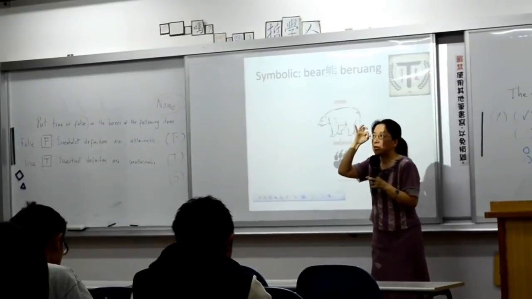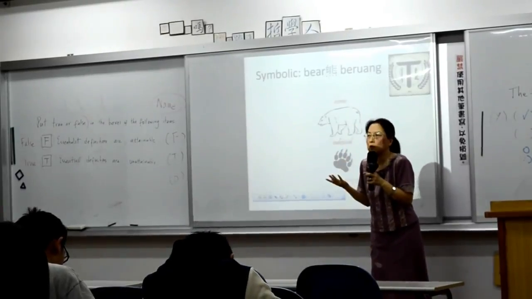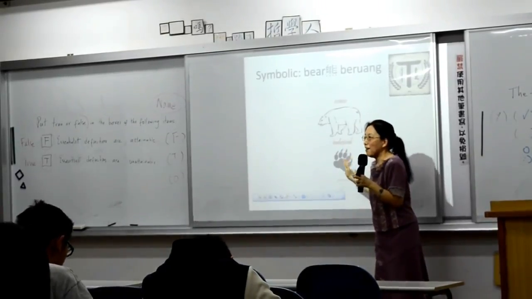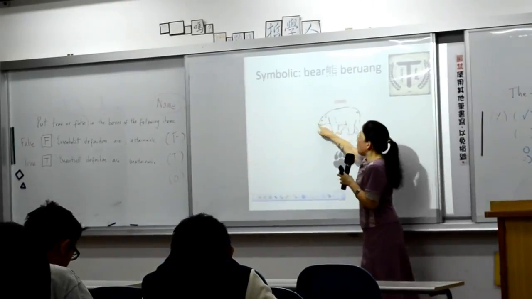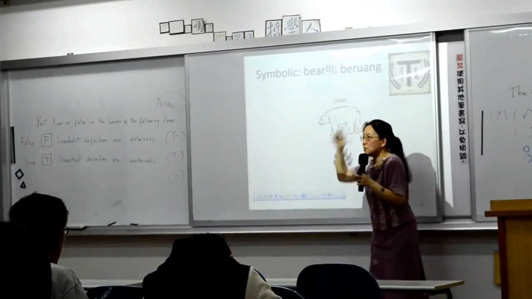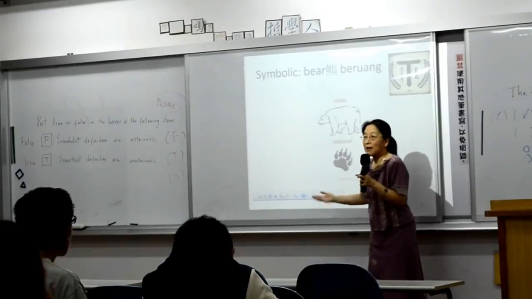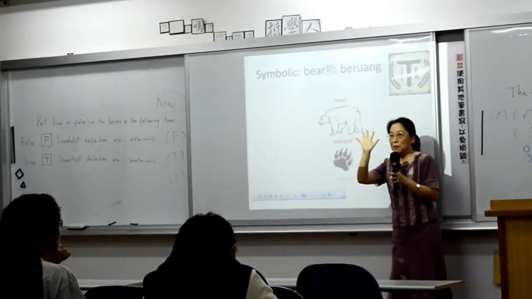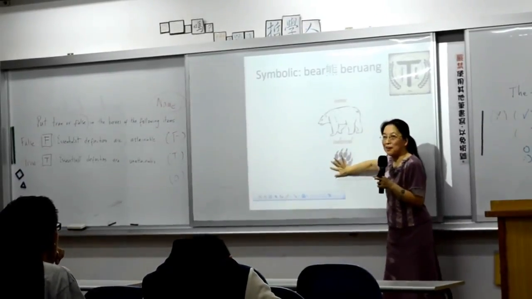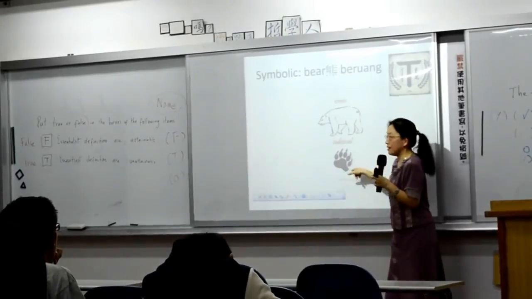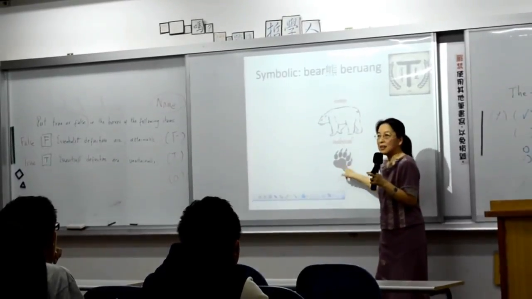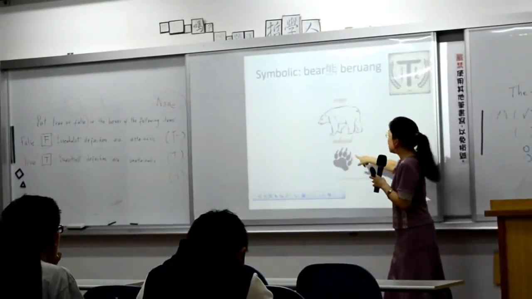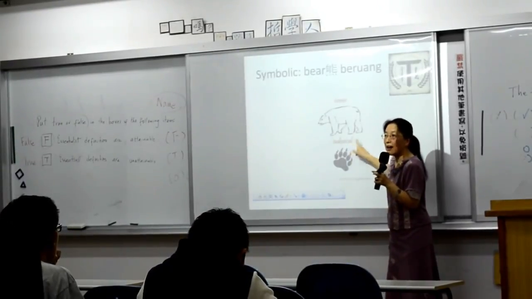If I put eyeballs, you probably won't tell me that's a bear, right? If I put his nose, you won't associate his nose with a bear. But if we put his palm here, okay, then you would associate this sign as an indexical sign of a bear.